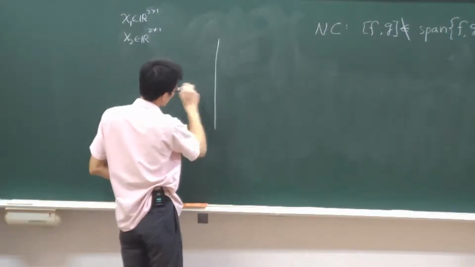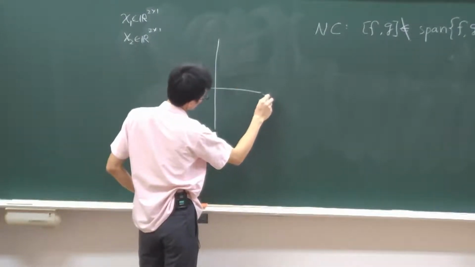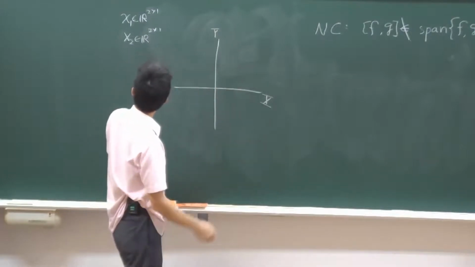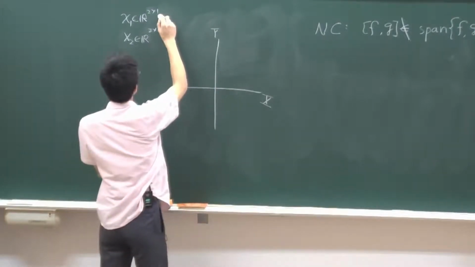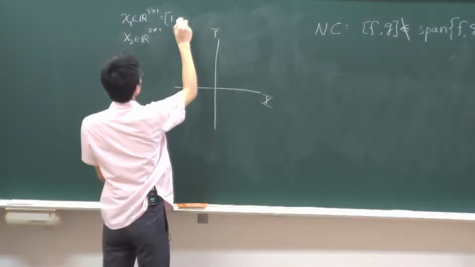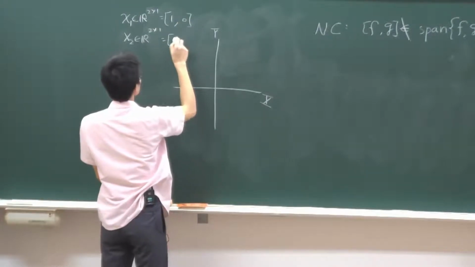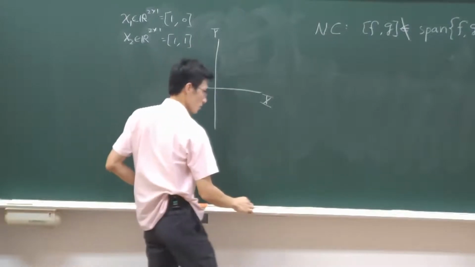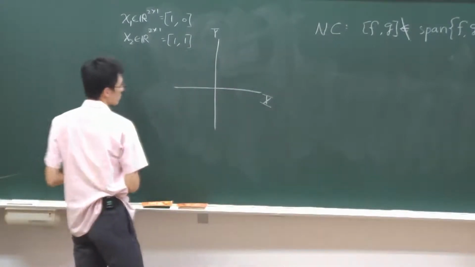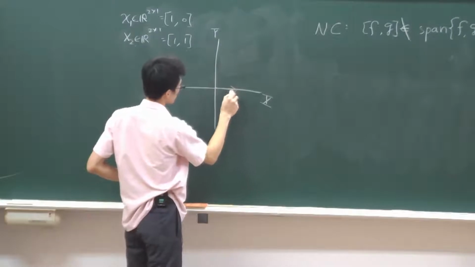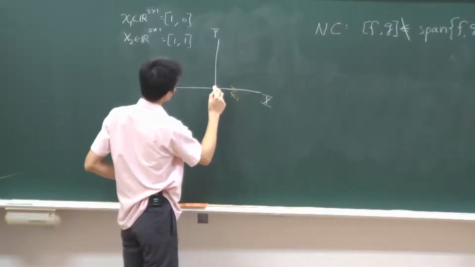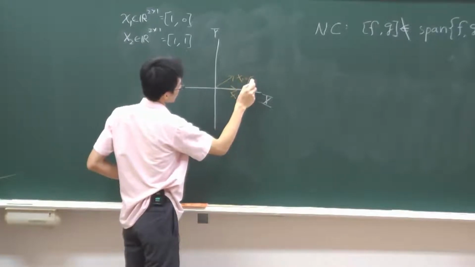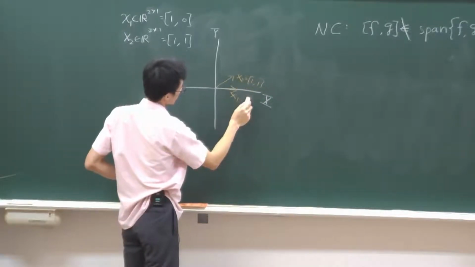So in a 2D plane, say x1 is 1, 0, and x2 is 1, 1.